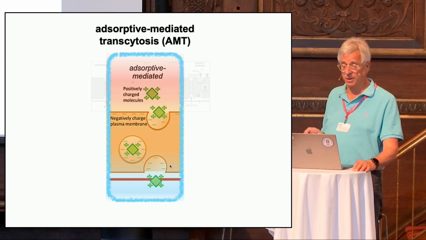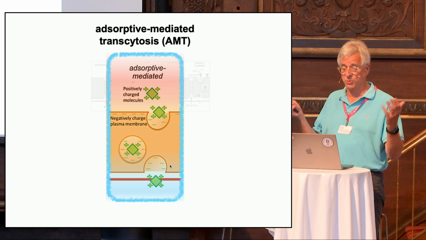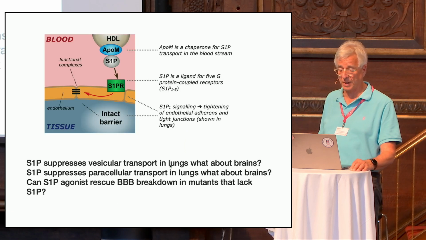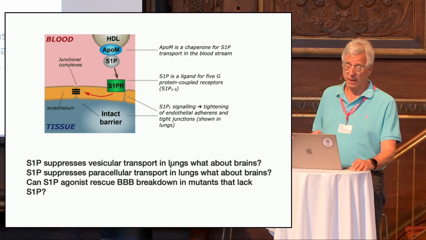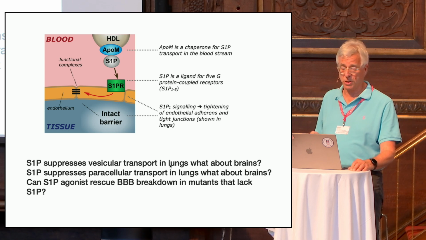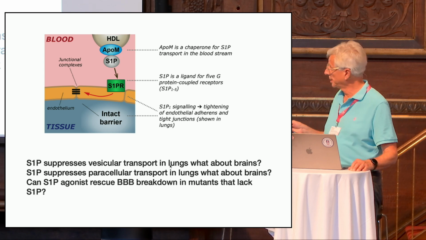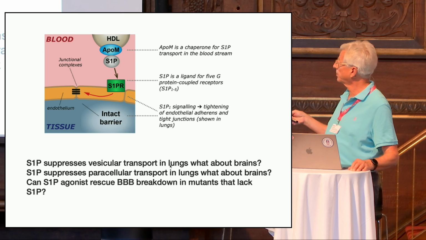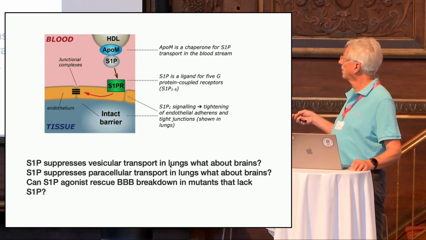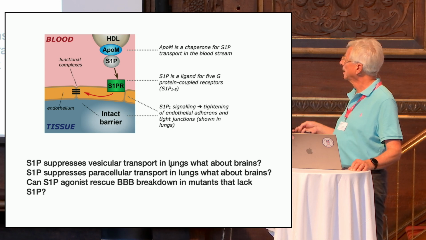It turns out that this process that looks non-specific is highly regulated. The molecule that regulates it in brain is called sphingosine 1-phosphate, and it binds to a receptor called sphingosine 1-phosphate receptor. We can make a mouse that is knocked out for this molecule, or has a lower level of the molecule.